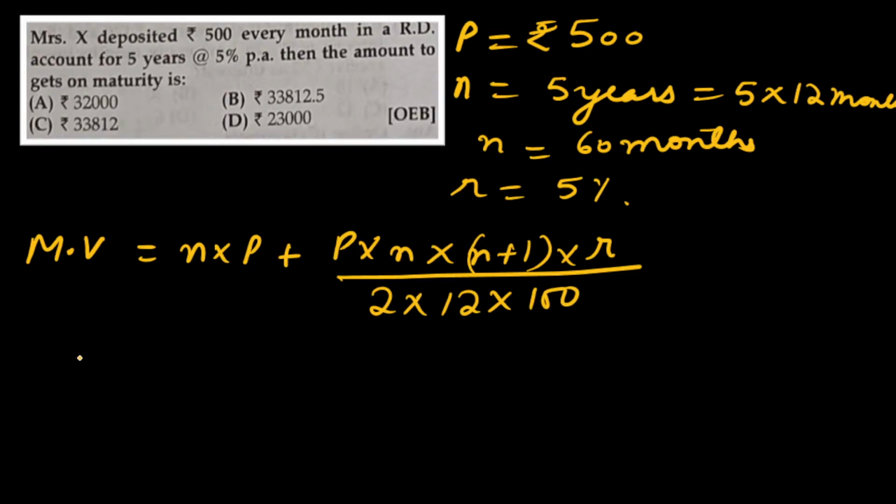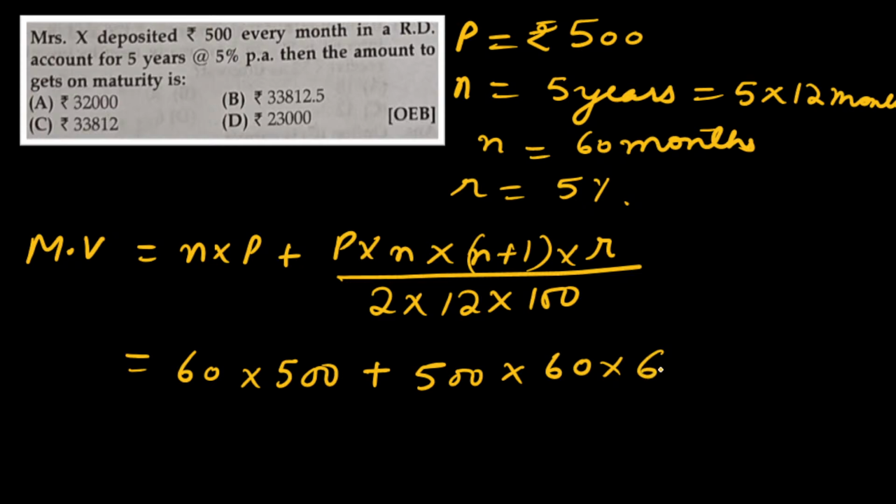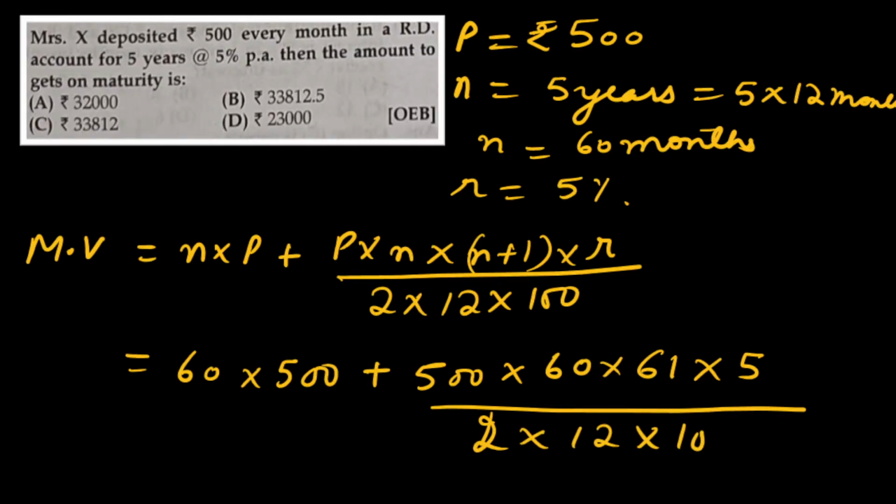So MV is, you can find, n's value 60, 60 into 500 plus 500 into 60. n is 60, so n plus 1 is 61. R's value is 5. So 2 into 12 into 100.